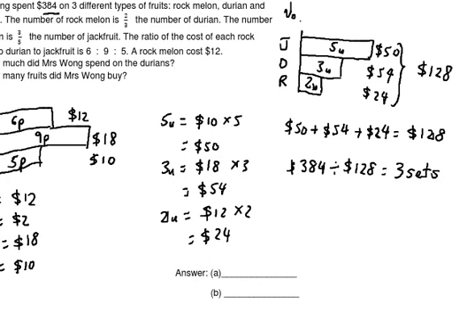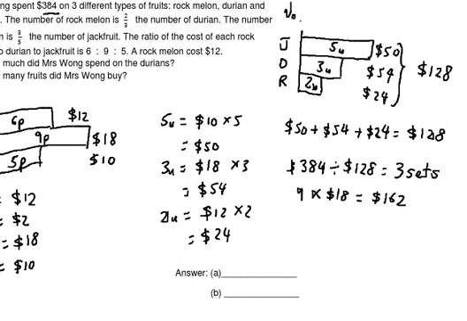So 9 multiplied by the cost of 1 durian, $18. And this gives you? $162. This is the amount that she spent on the durians, right?